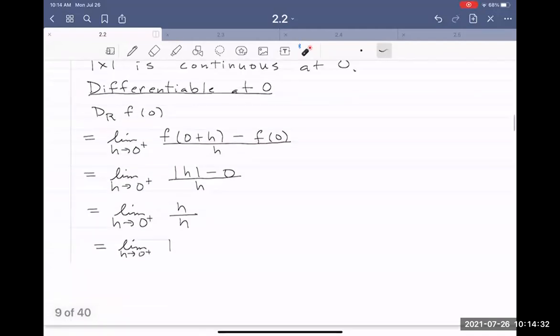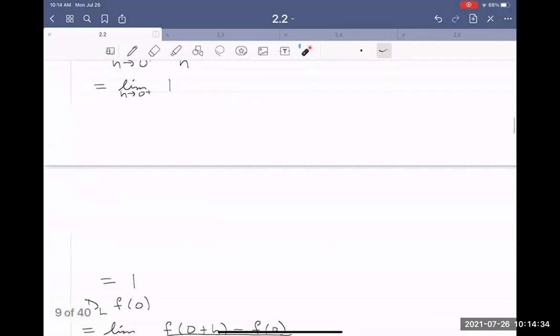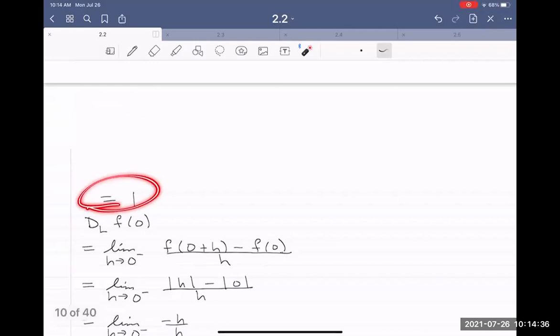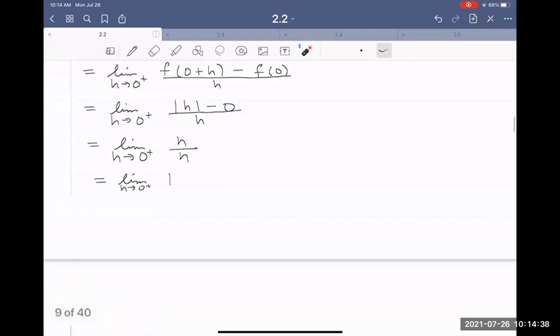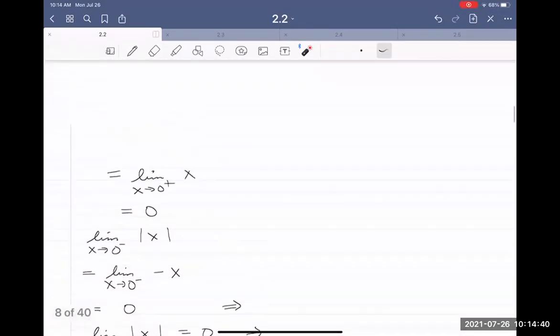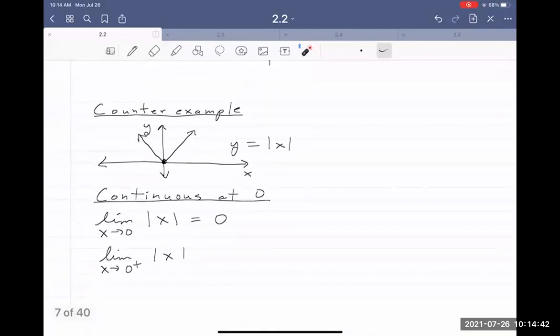So the right-sided derivative of f at 0 is 1. We can see that because the slope on the right side of 0 looks like this line, which has a slope of positive 1.